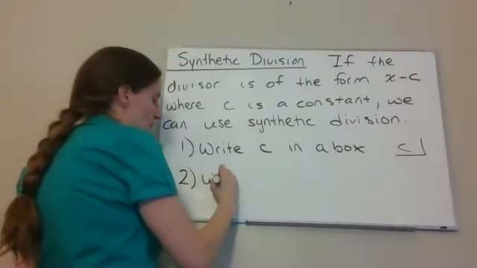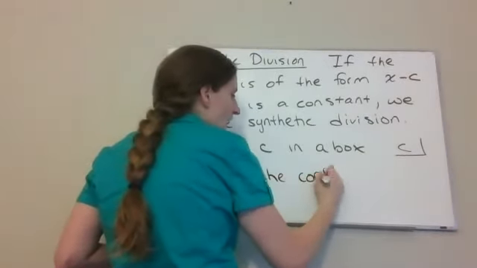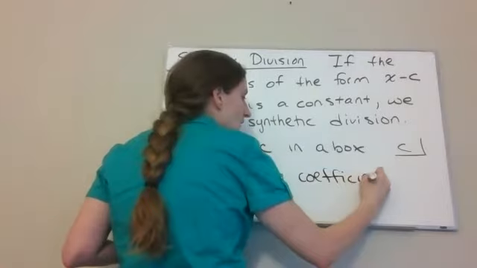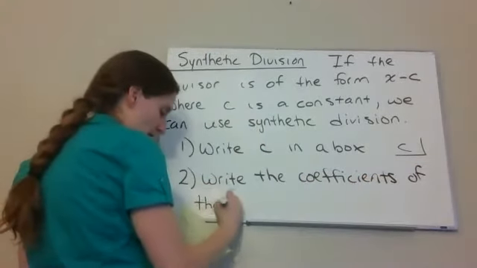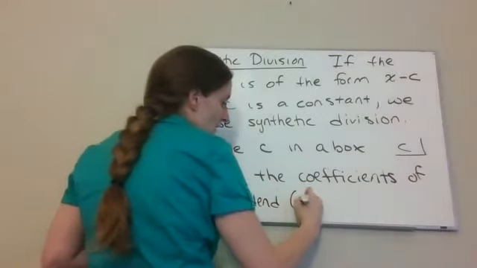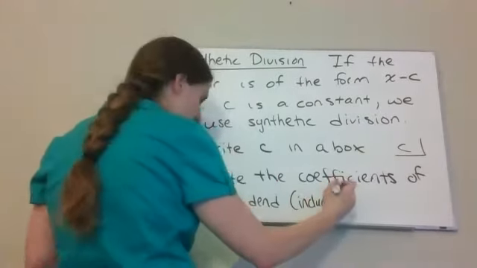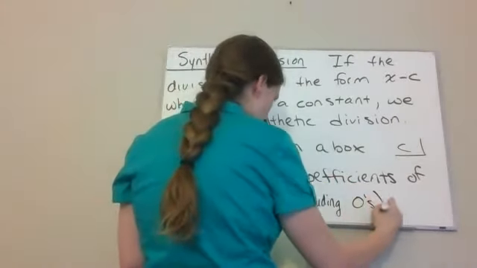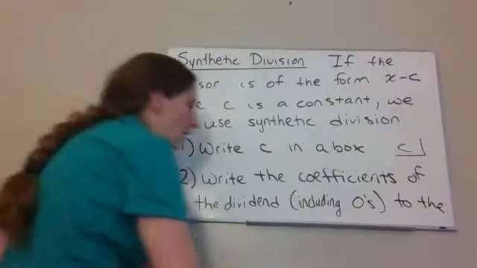Step 2, write the coefficients of the dividend, including any that are 0, to the right of the box.